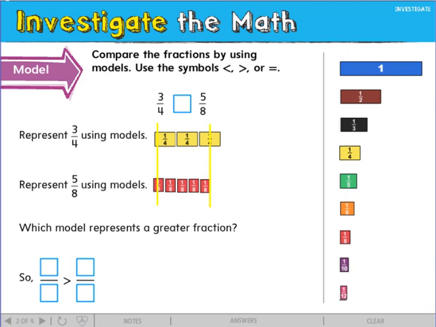If I drew this line and had it on the edge there, and my other line over here was on the edge here, boom, you can see that 3/4 is greater than 5/8. Now, I realize that there's space in between them and all that, but you get the general idea. So 3/4 is greater than 5/8. Okay? So that's how you can compare using modeling. Alright?